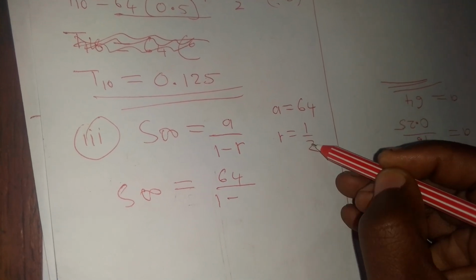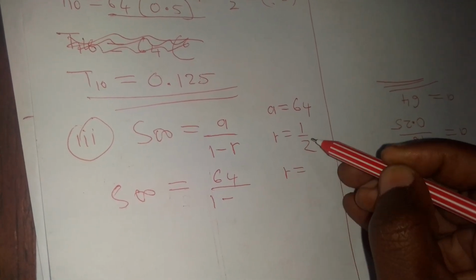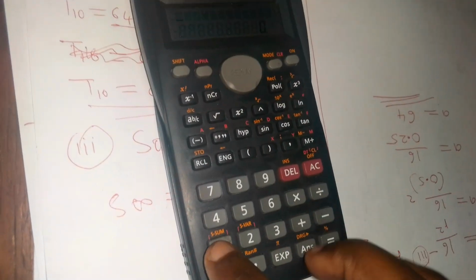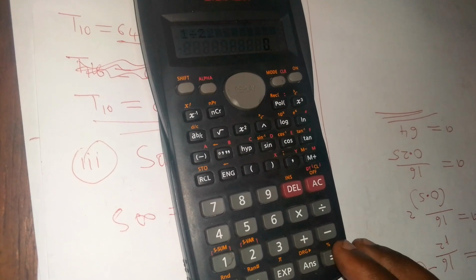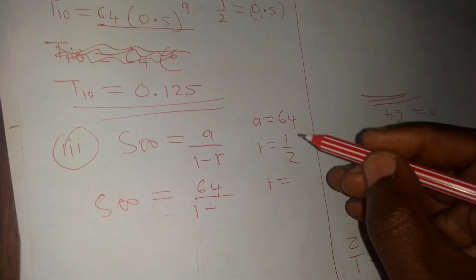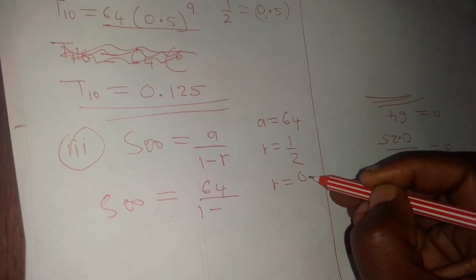I prefer writing r in decimal form. For those who are not following, 1 divided by 2 is the same as 1 over 2, which is 0.5.